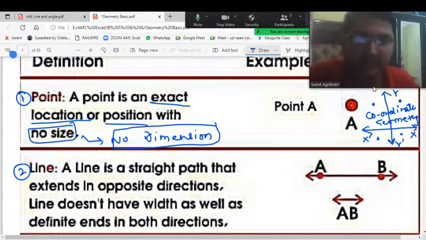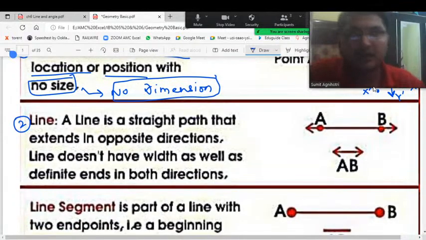Can I drink some water? Sure, you just go. Next thing is line.